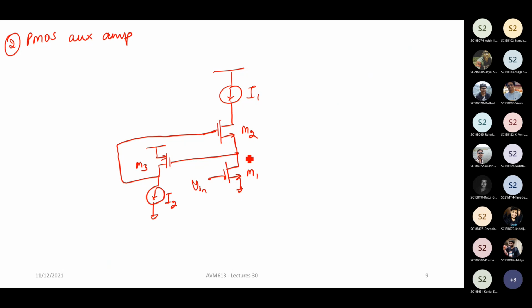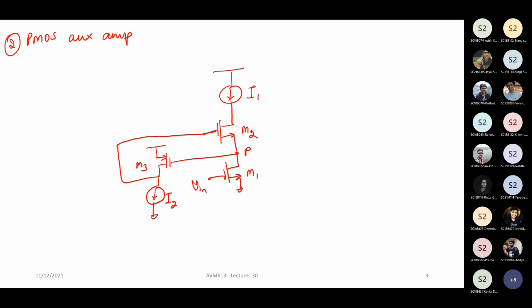Now what happens? This node voltage P can go down to VD sat of M1, because that is really not a problem, because your M3 is definitely going to be on, right?